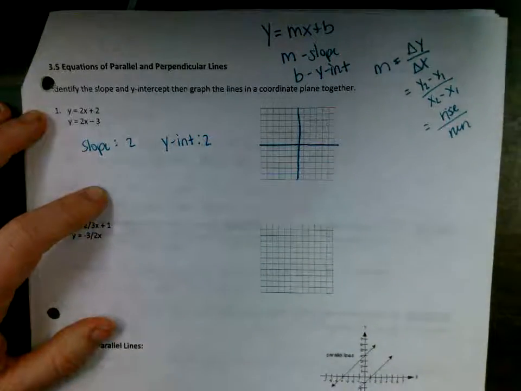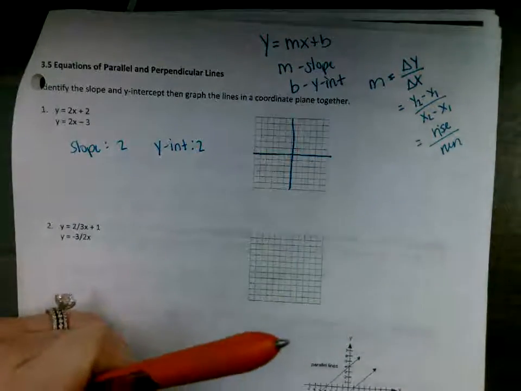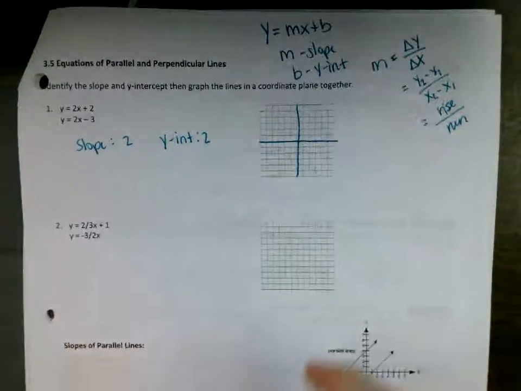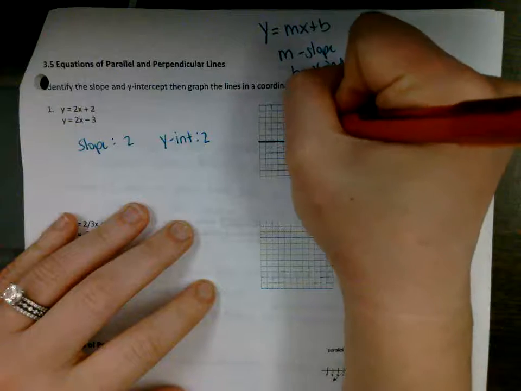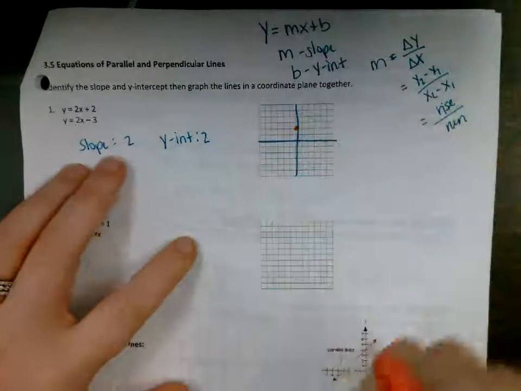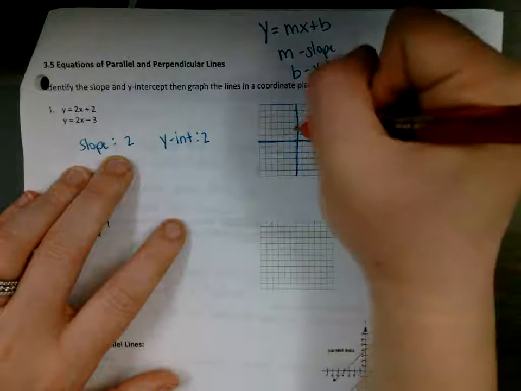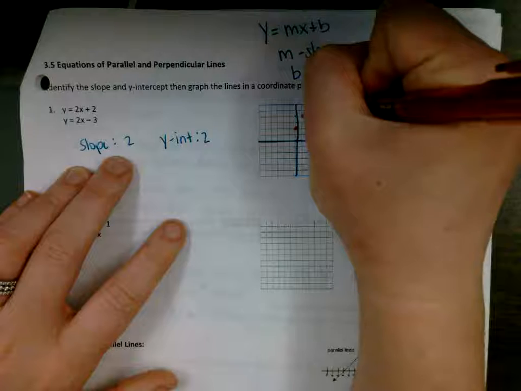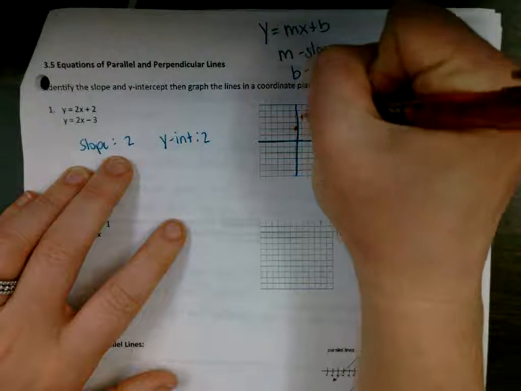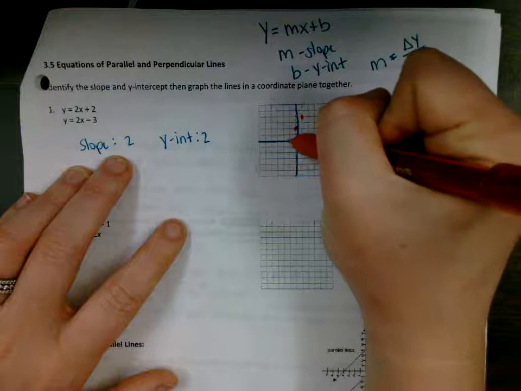Let me use some different colors so we can see the difference here. So we have a y-intercept of positive 2. So that is right here, even though I kind of drew my line off a little bit. And then I have a slope of 2. So that means that it's technically 2 over 1. So I'm going to rise 2 and go over 1. You can do the same thing going opposite. I'm going to go down 2, but then go left 1.